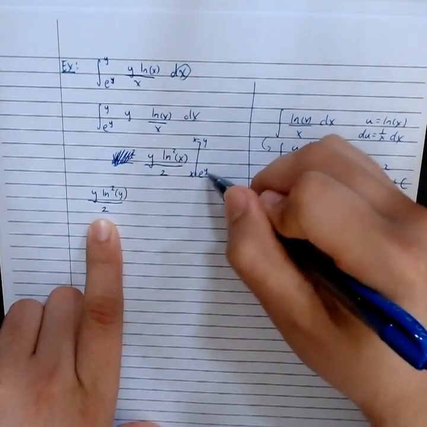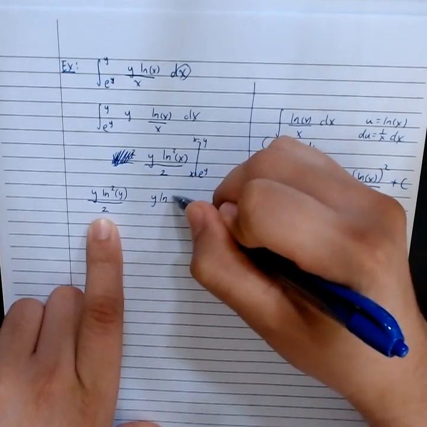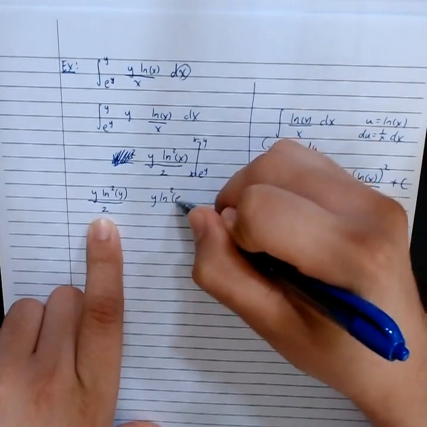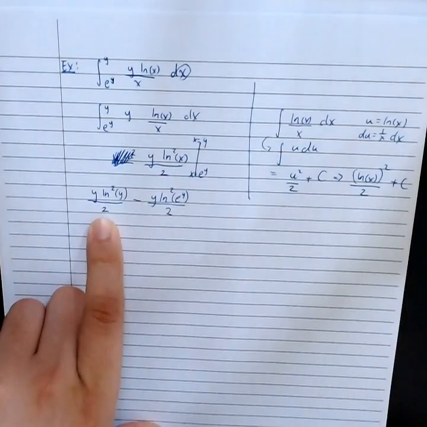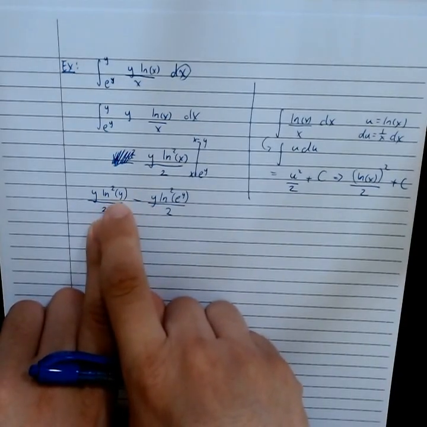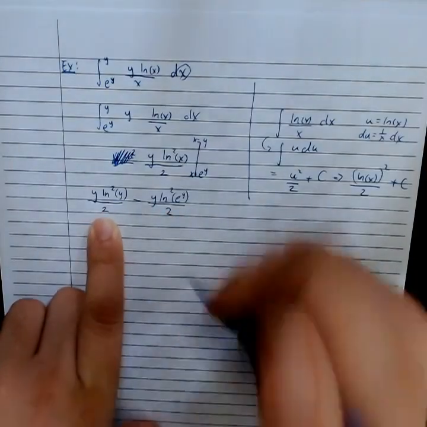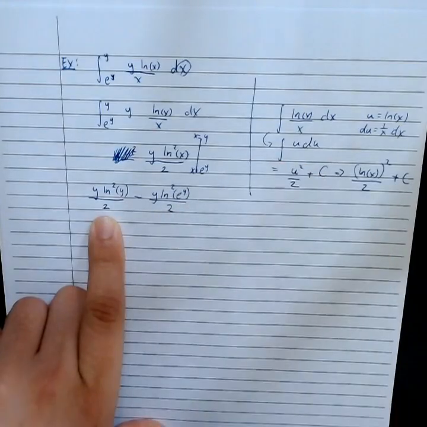And then here, we're taking our lower boundary, which is y, natural log squared of e to the y over 2, and we're subtracting. Note there isn't really anything you can do to simplify that part, but here that simplifies because the natural log of e to the y is just y. Don't forget the whole thing's being squared though.